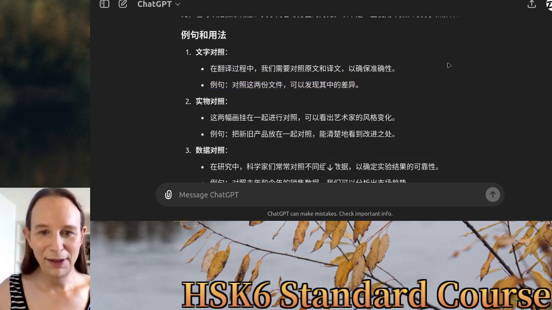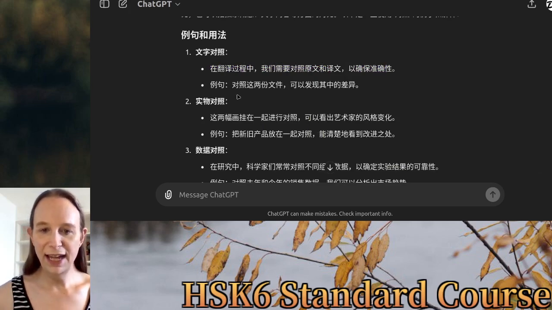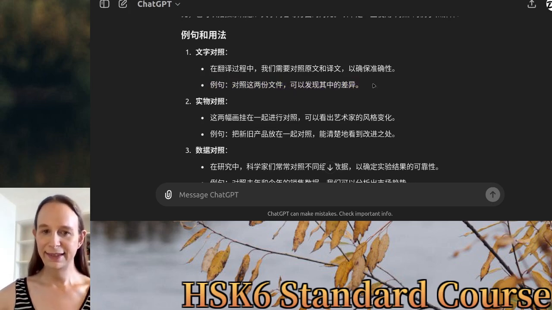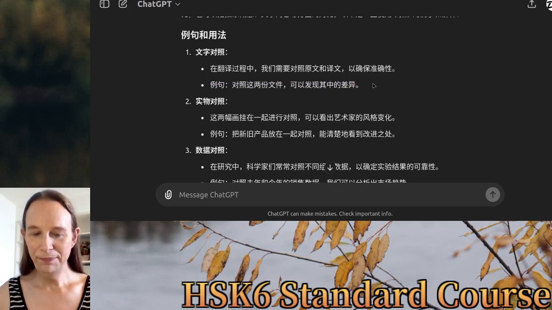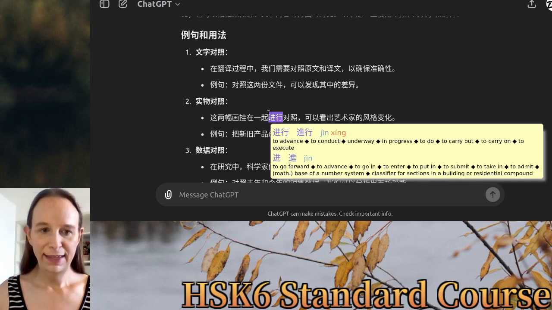Okay, that wasn't the example sentence, but okay. 对照这两份文件，可以发现其中的差异。Yeah, okay, so you're comparing two documents. Contrasting, comparing. You're not saying one is better than the other. You're identifying the differences. Yeah, okay.